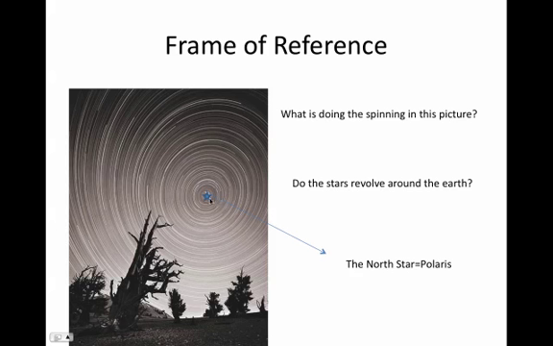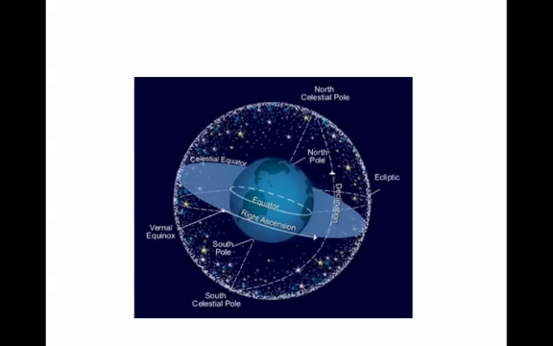What we really realized was, when we look out into the sky, is it us that's stationary, or are we moving and it just appears that we're stationary? If we zoom out and look at how the celestial sphere looks with the Earth in the middle, we can see that the Earth is tilted slightly on its axis.